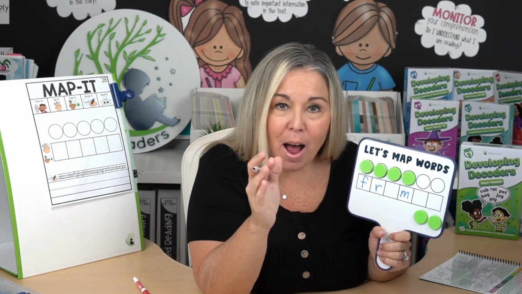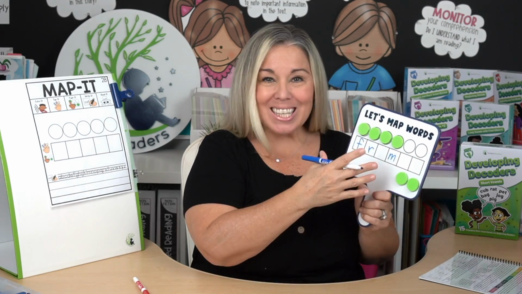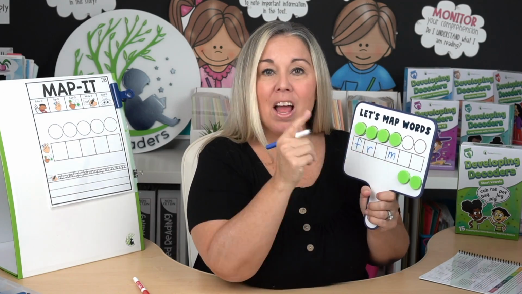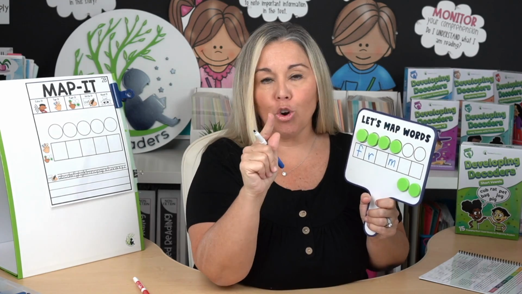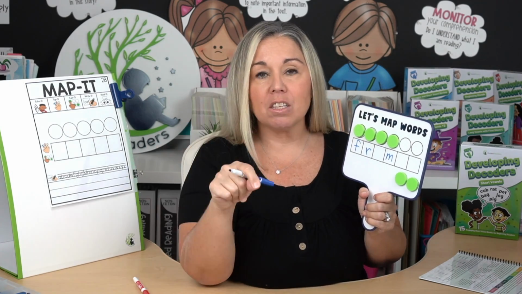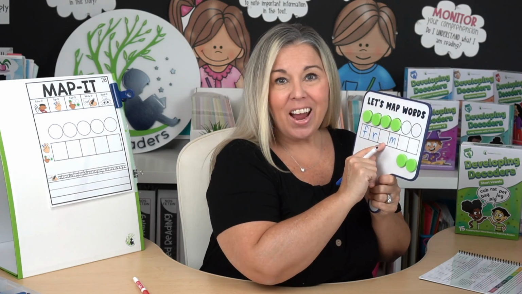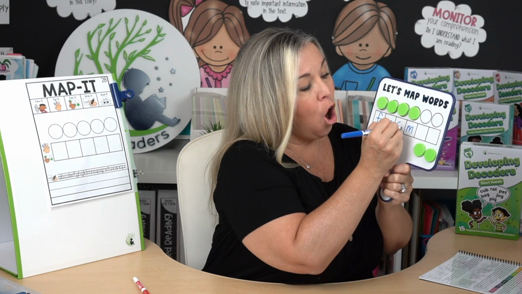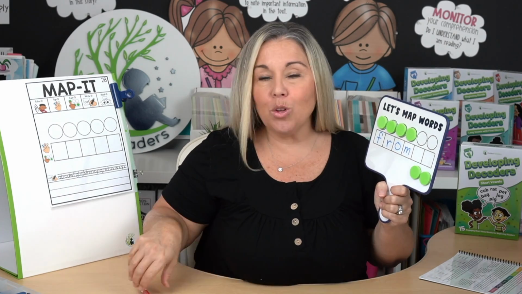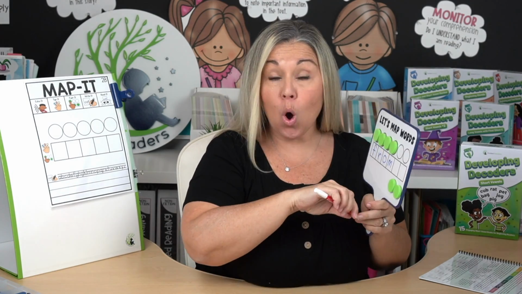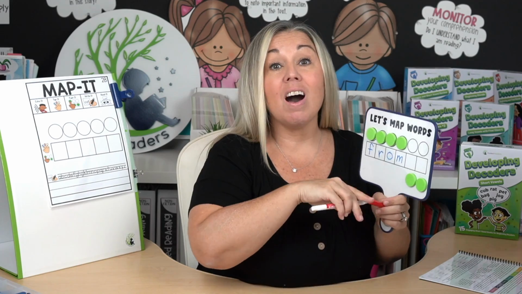Now look at that. The word from is mostly phonetic and decodable. There's only one part of the word that is irregular and doesn't follow the rules. So we're going to say, boys and girls, that sound here is actually an O. I know O usually makes its long or short sound, but in this word it makes the u sound.